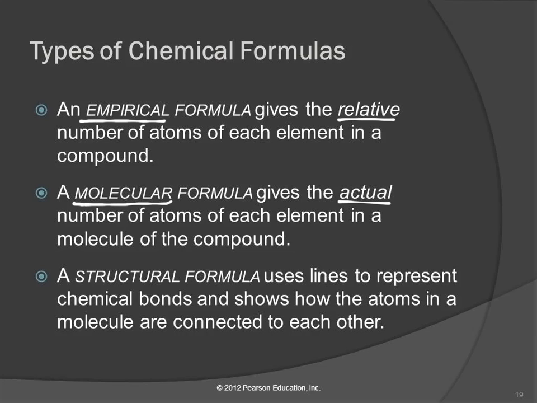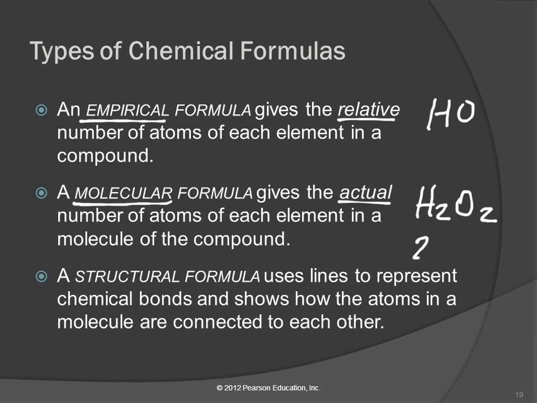An example: hydrogen peroxide is H2O2. In one hydrogen peroxide molecule, there are 2 hydrogen atoms and 2 oxygen atoms. If you were to determine that experimentally, the empirical formula would be the relative numbers, the lowest ratio. So it would be just HO.